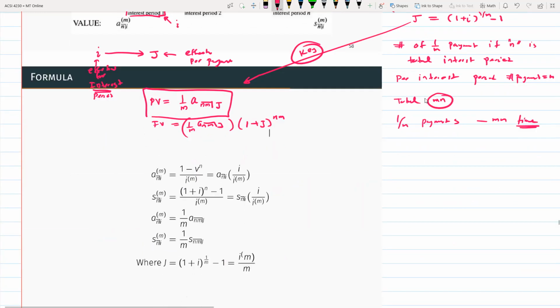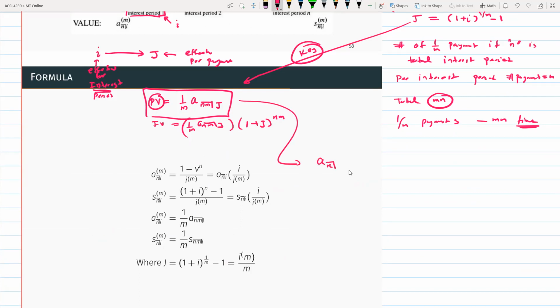From there we can prove a few other formulas. So let's come to this one. This present value, instead of PV, I can write with a symbol. Let me introduce a symbol.